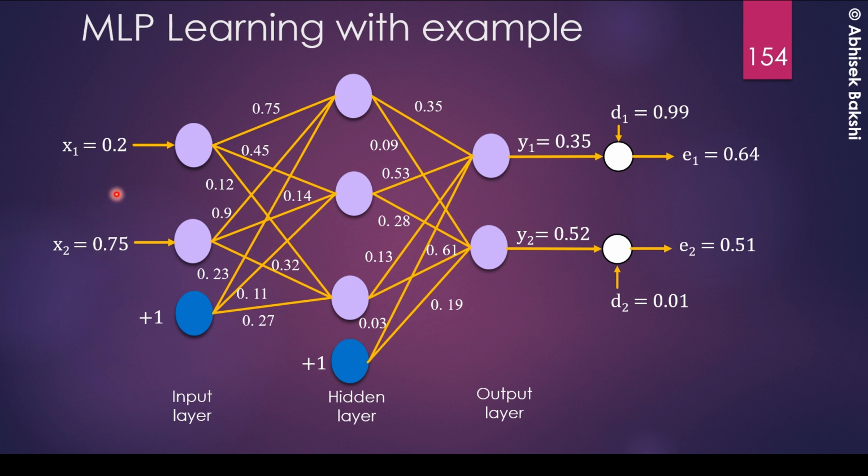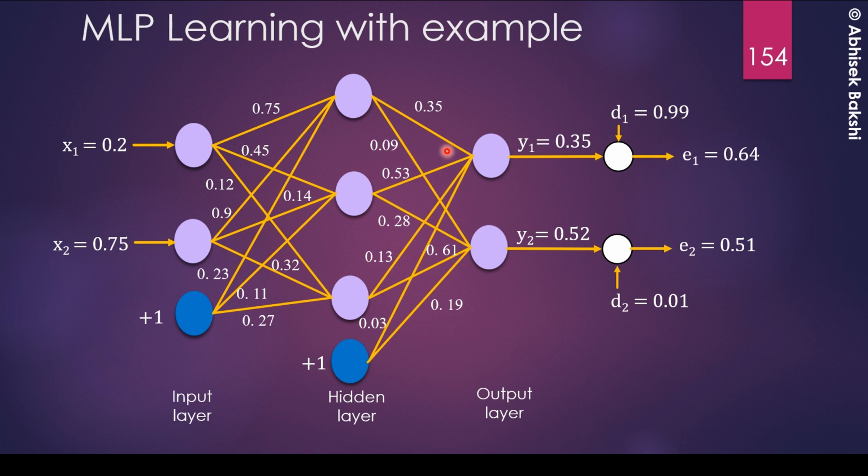So assume we passed some input to this input layer. We have some arbitrary connection weights, as I told you, some random weights. We start with random weights for all these weights, between input to hidden and hidden to output layer.